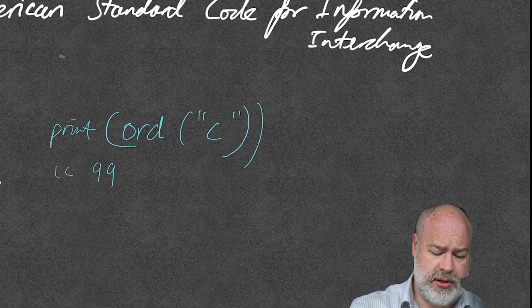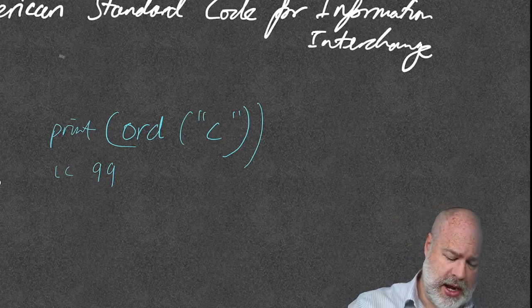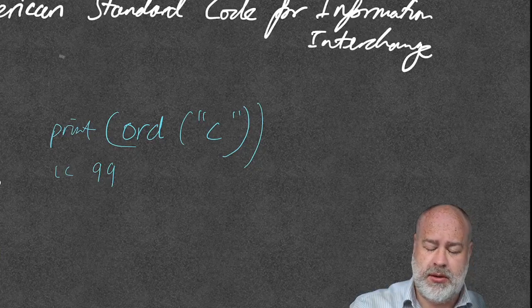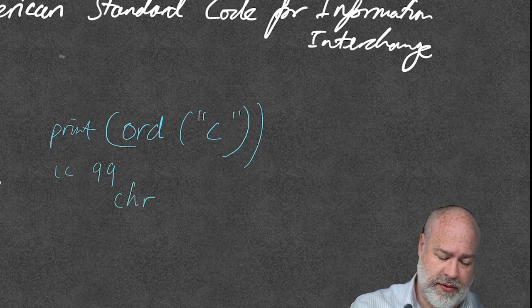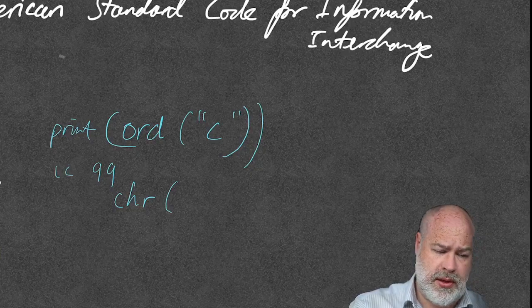We can also do the reverse as well. Let's say we knew the position, but we didn't know what the character was. So we could put chr for character. These are all built-in functions in Python.